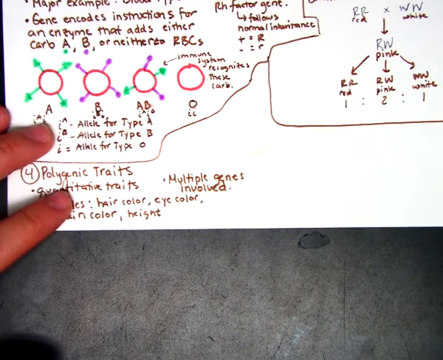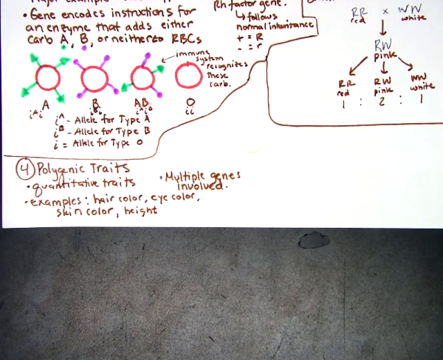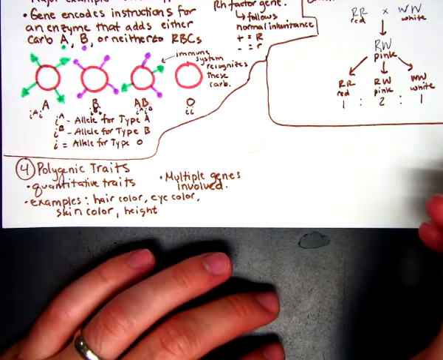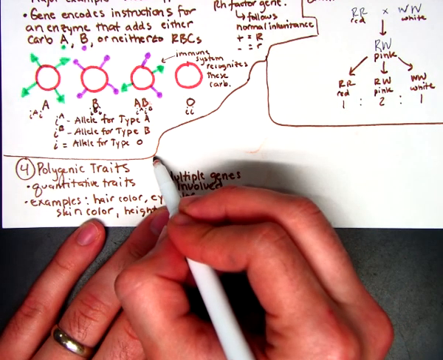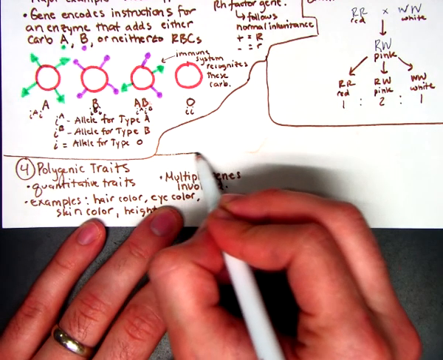Typically, there's between 3 and 6 different genes involved for maybe, say, hair color. And so your genotype for hair color isn't like big B, little b. It's a string of like 3 or 4 genotypes. Right? So those are polygenic traits. Okay.